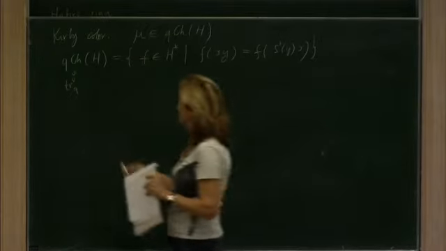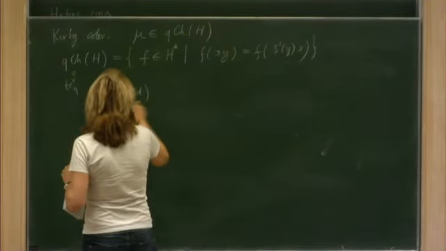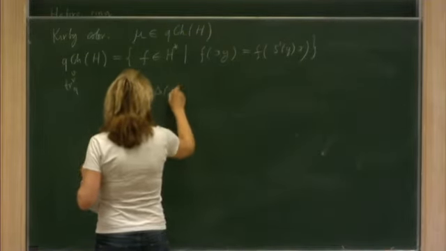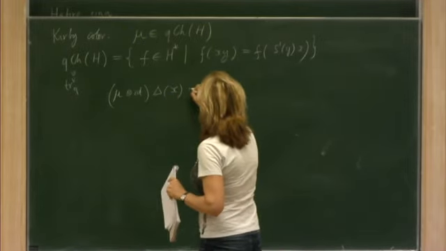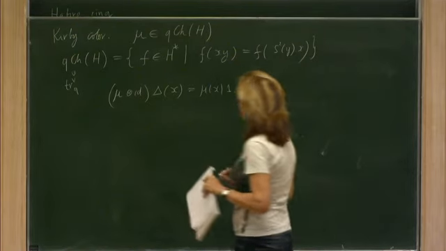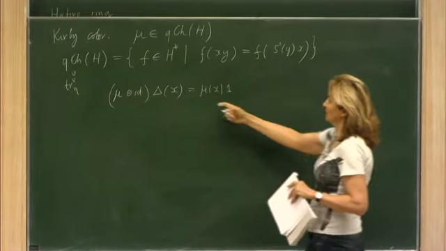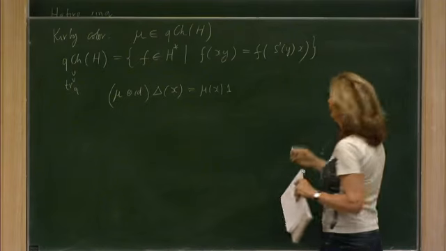This mu is defined by the property that mu tensor identity applied to the co-multiplication of x is equal to mu of x times identity. And this has a great geometrical interpretation.